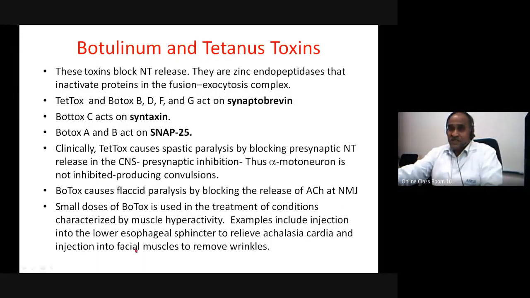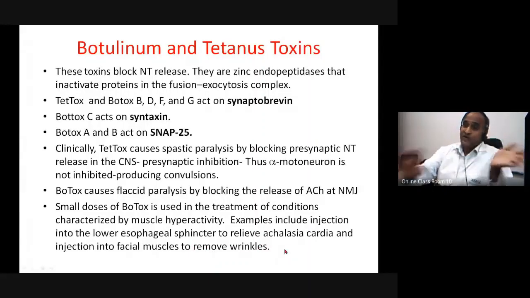So that means injection into the facial muscles to remove the wrinkles in certain individuals. This is only the aesthetic value, or a value for the plastic surgeon and those particular celebrities.